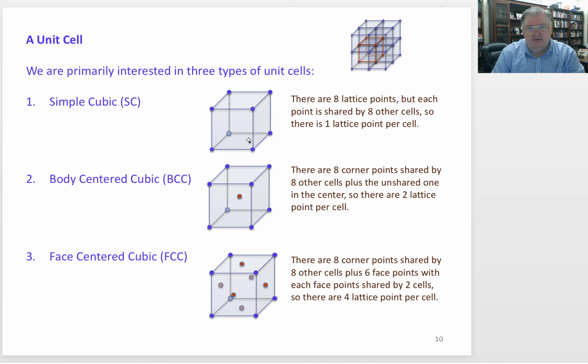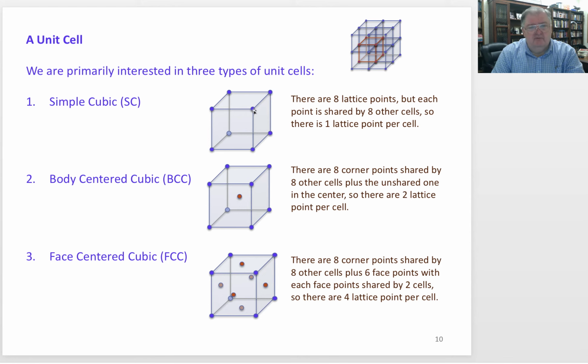So each point is shared by 8 cells. Take this point for example. There are going to be 4 cubes on the top and 4 unit cells on the bottom, all that share this single point. So here's the important thing. Yes, I look at this thing and I see 8 points, but then I realize that each point is shared by 8 cells. Hence, here's the important idea. There's 1 lattice point per unit cell.